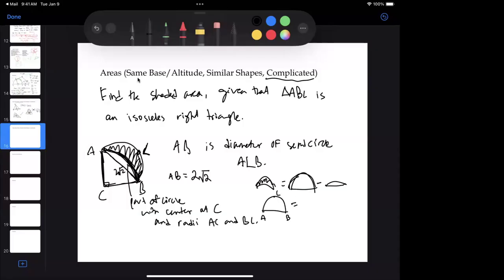So the big semicircle is equal to the area of half a circle, right? So it'd be pi times √2 squared over 2. And then the little secant part is a bit harder to find. But we can find that by subtracting the triangle from the quarter circle, right?